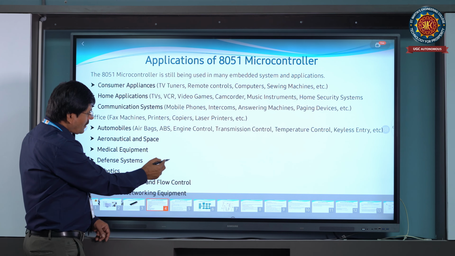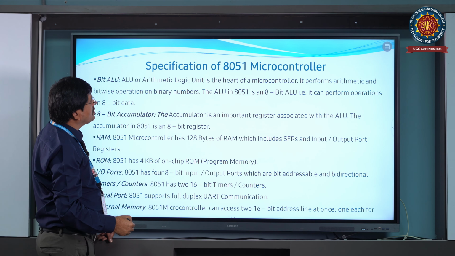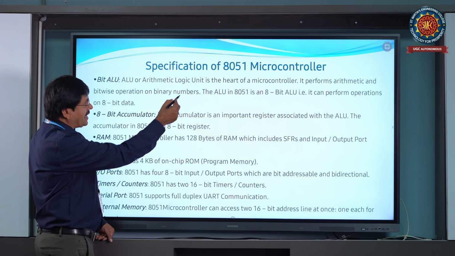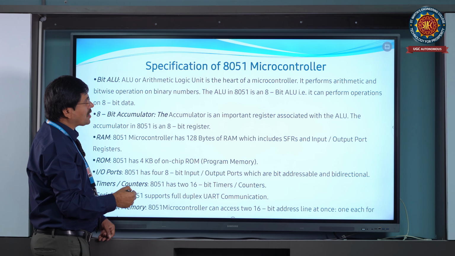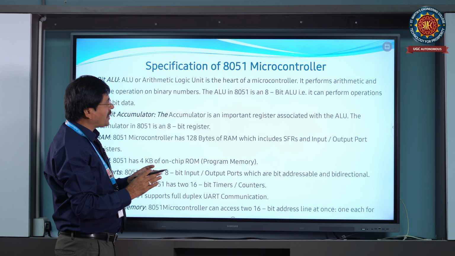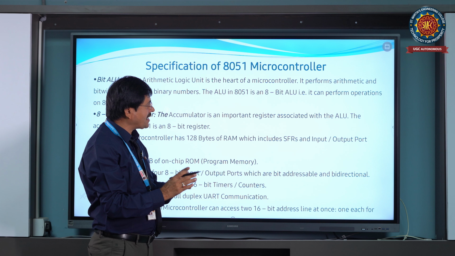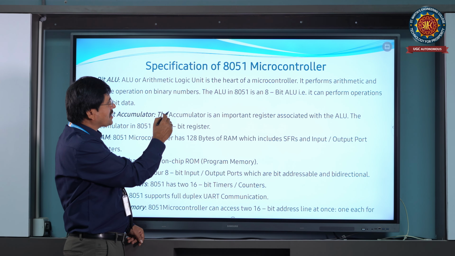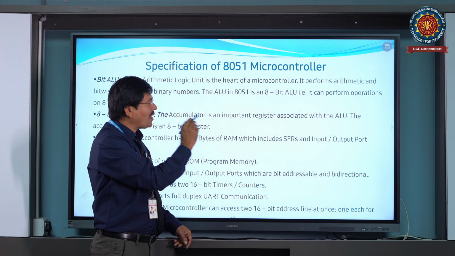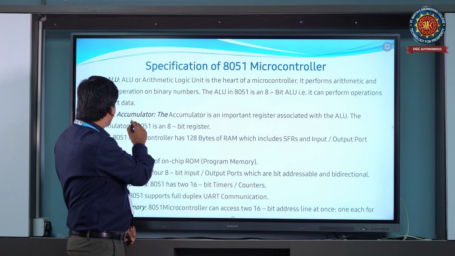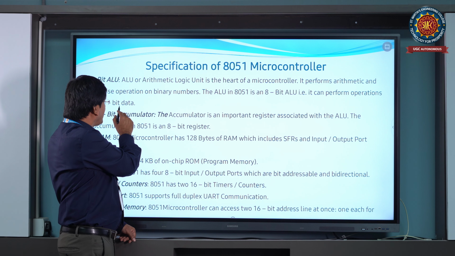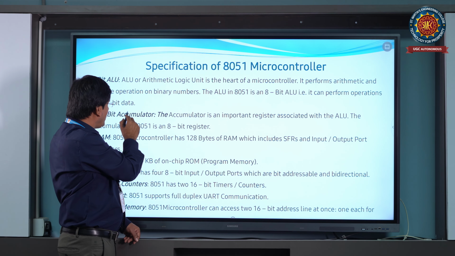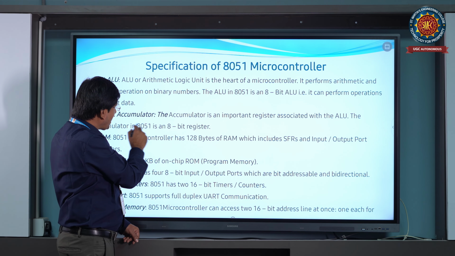Next, the specifications of the 8051 microcontroller. Processor size is always calculated in bits. Now it is an 8-bit microcontroller. This processor can perform 8-bit operations only, and it has an 8-bit data bus and a 16-bit address bus.